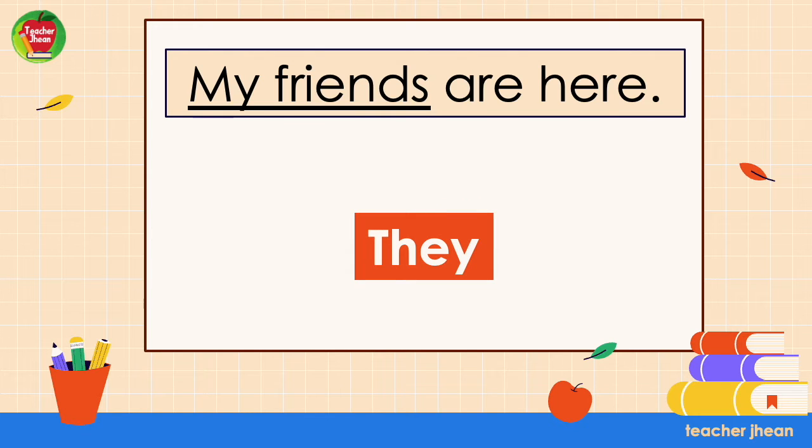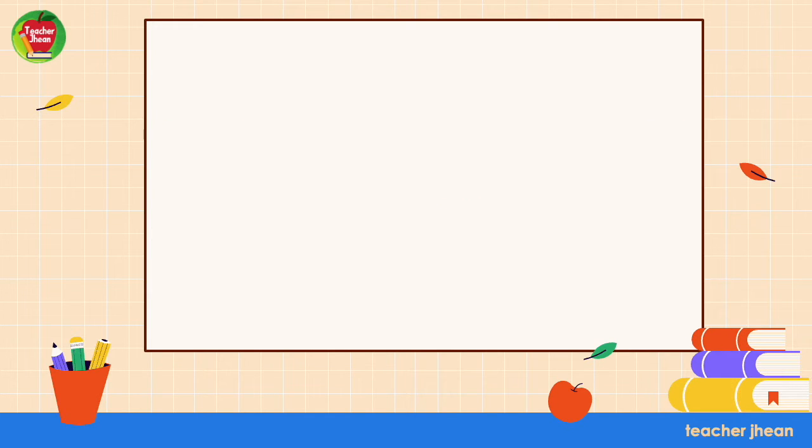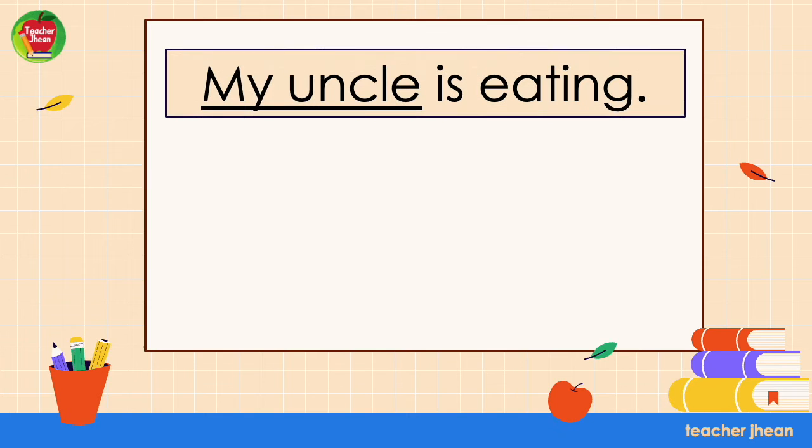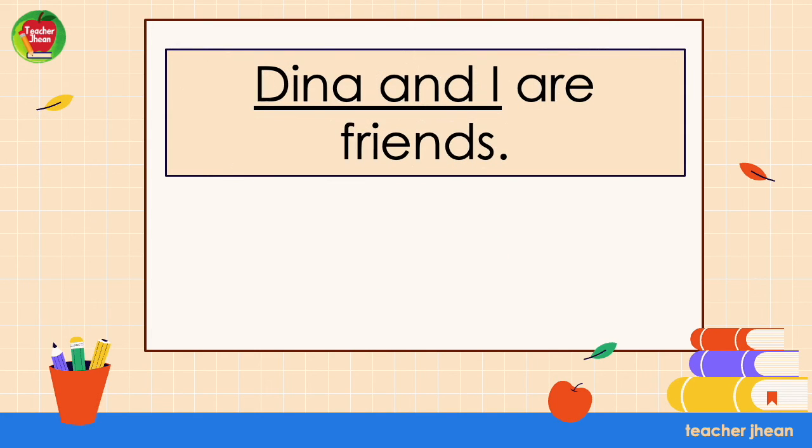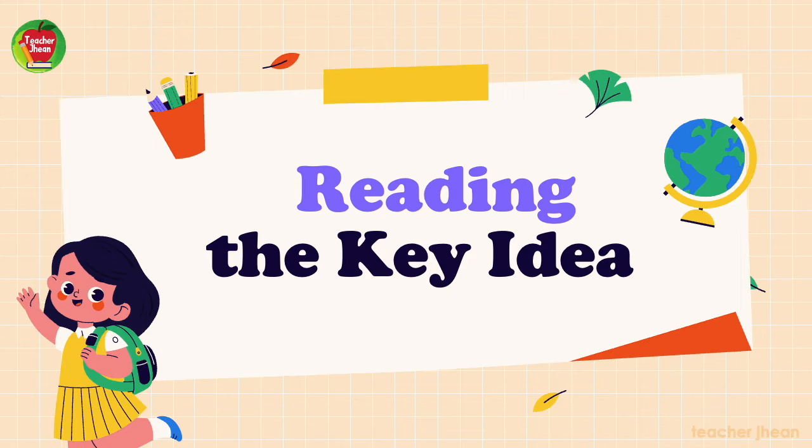They. Number 4. My uncle is eating. Yes, he. And number 5. Dina and I are friends. You're correct. We.